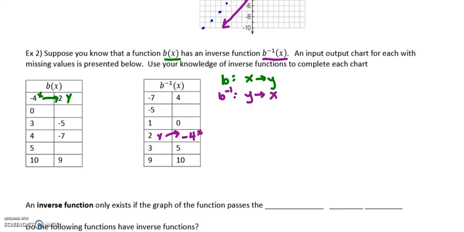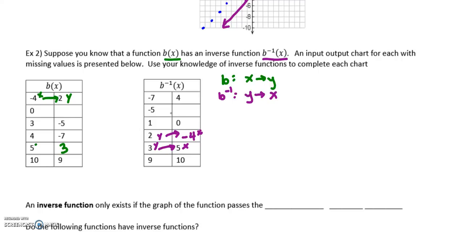The inverse just goes backwards, takes the 2 and makes it into a -4. Let's see right here, I have a 5. I want to find out what a 5 is. So I come over and I find that right here, b inverse takes a 3 and makes it a 5, which means my original had to take the 5 and make it into a 3. Remember, b inverse is dealing with y's and x's.